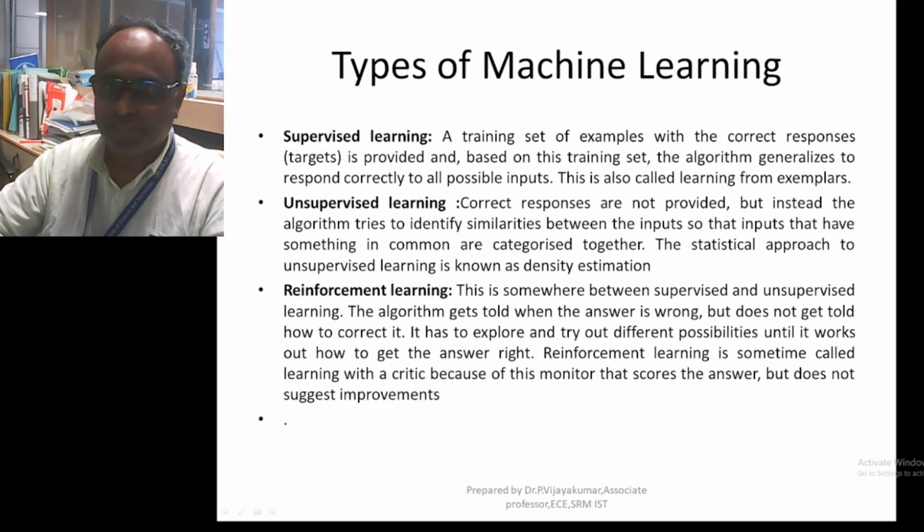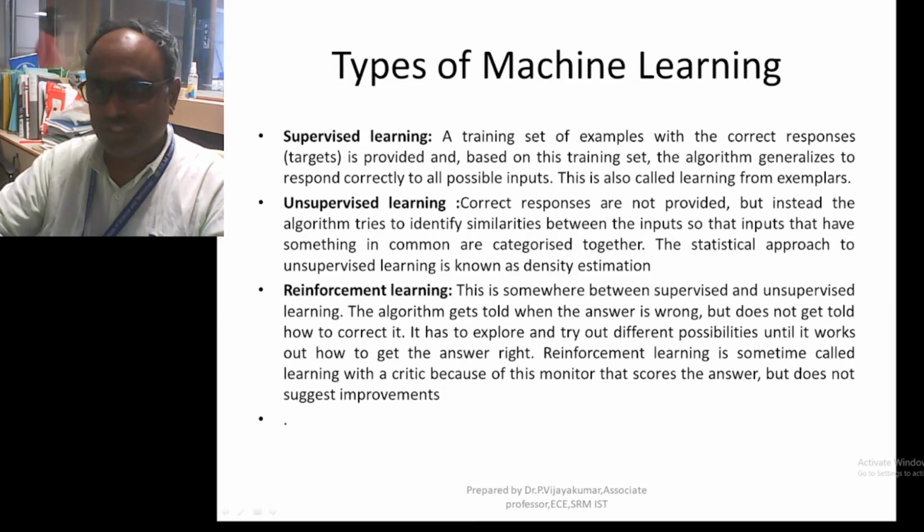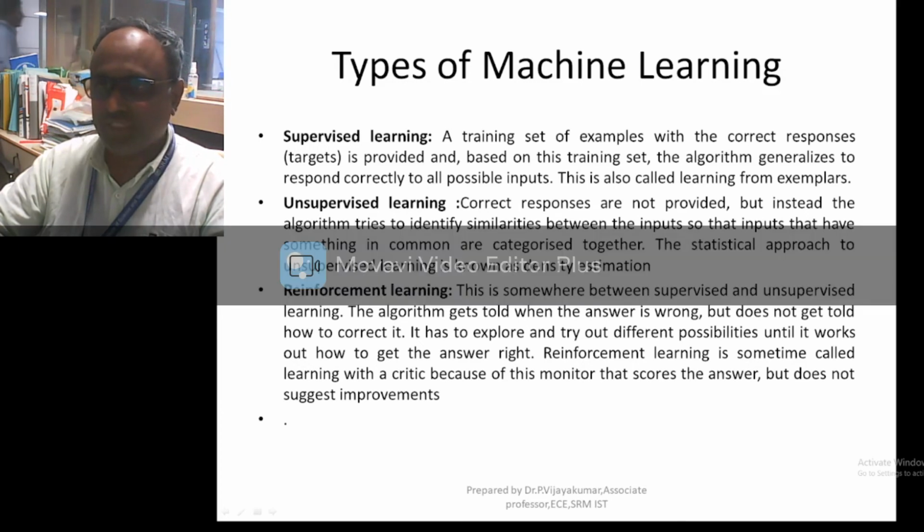The algorithm itself tries to identify the classes based on similarity between input data, measuring the similarity and identifying the common feature set or some common fact among the data set. It can group or categorize the data together, which is called a statistical approach.